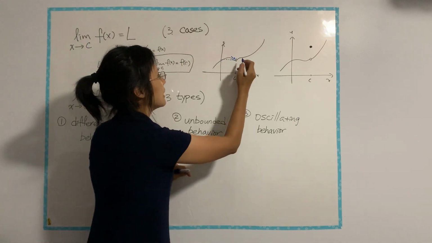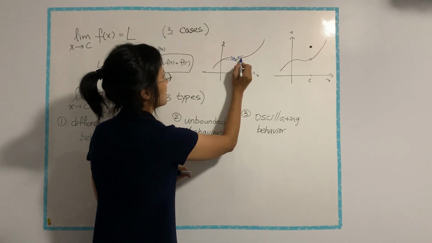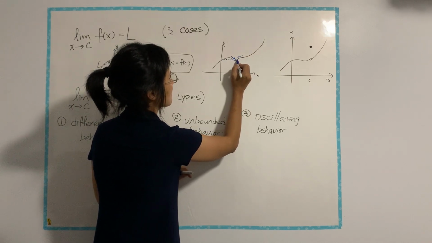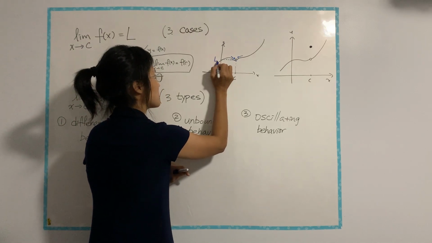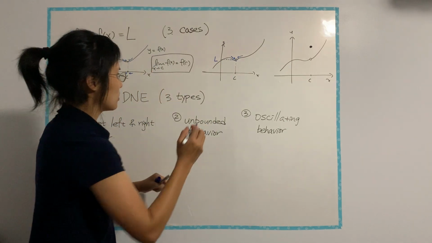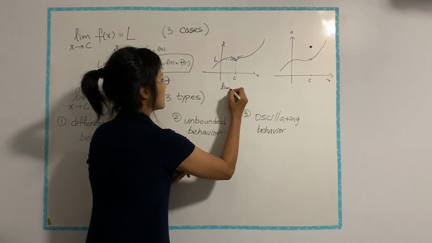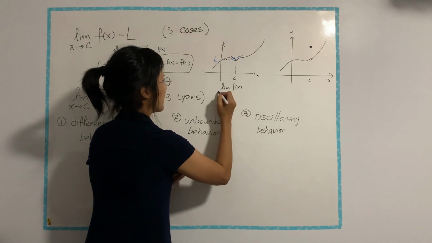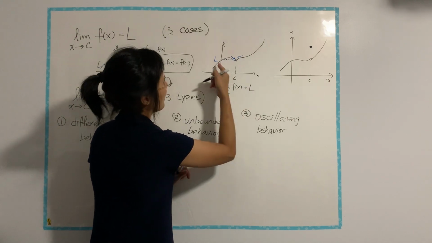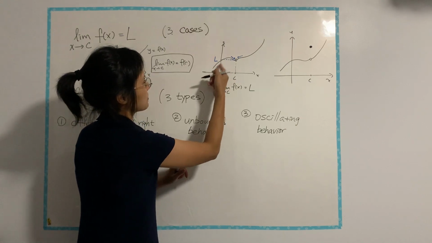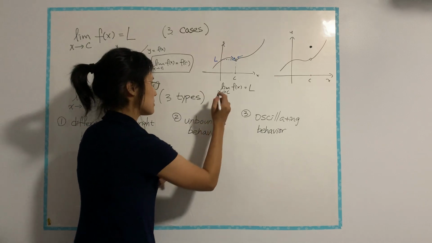And for the right-hand side, it also approaches this value, the value where the empty dot is. Suppose we can find that value, then in this case the limit of f of x as x approaches c equals L. L is the value we find.